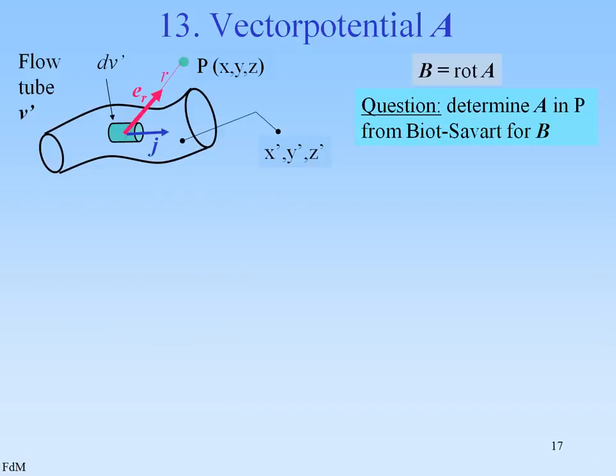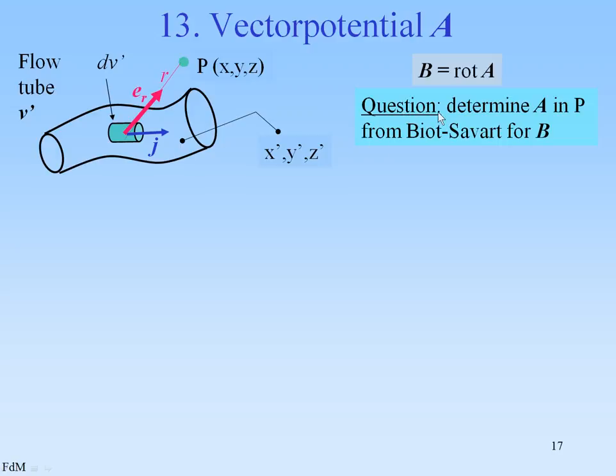The vector potential. Suppose we have a flow tube here with a current density J, and here we have a volume element dV prime. All points in the flow tube will be denoted by prime coordinates, and point P, where we would like to know the vector potential, will be denoted by x, y, z.